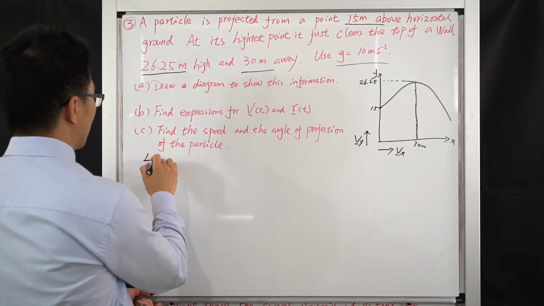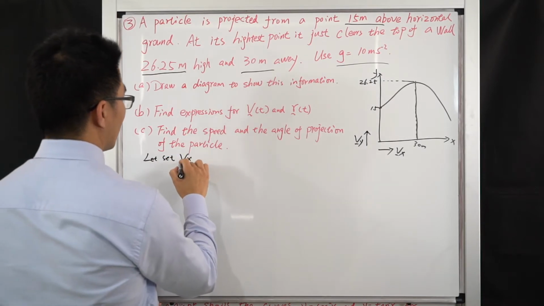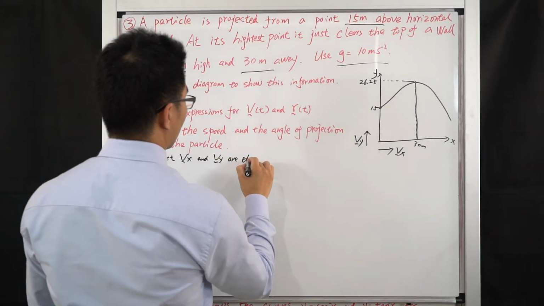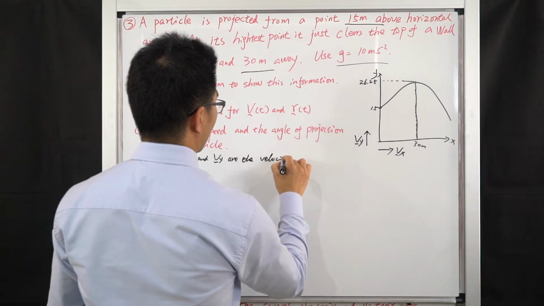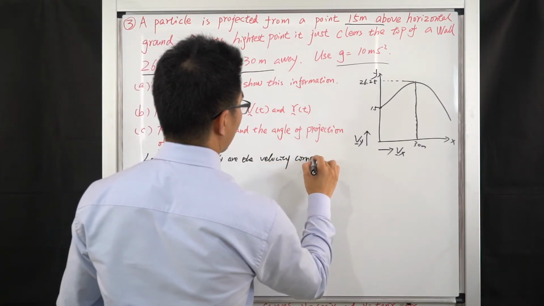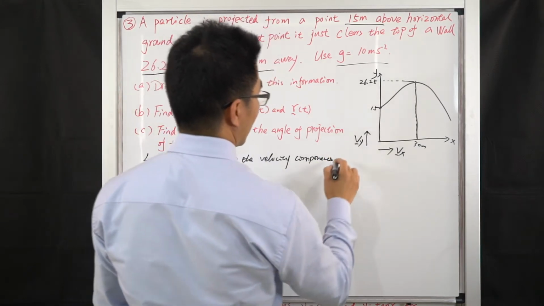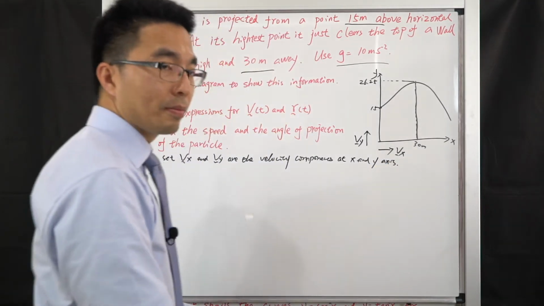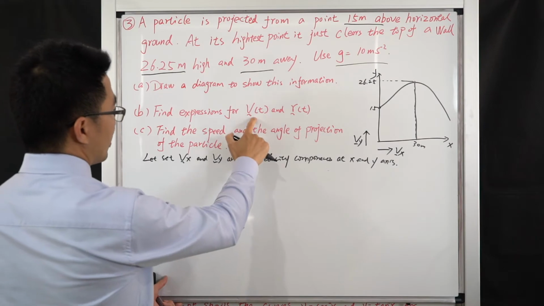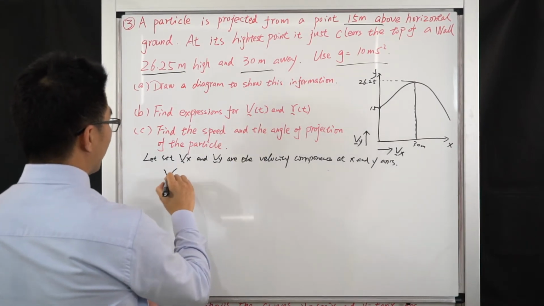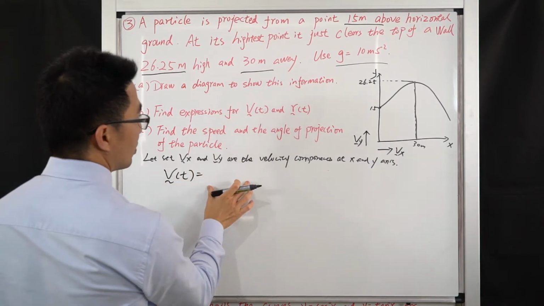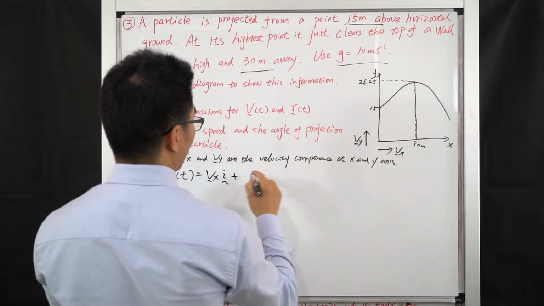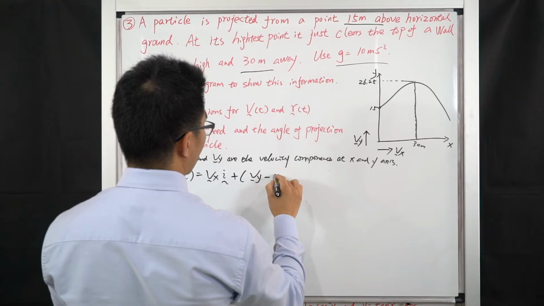Let's set the vectors vx and vy as the velocity components along the x and y axes. Then, in component form, the velocity v(t) equals vx i plus (vy minus 10t) j.